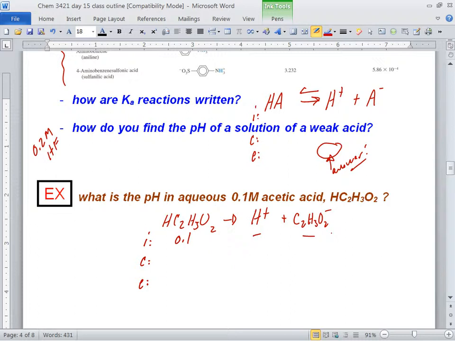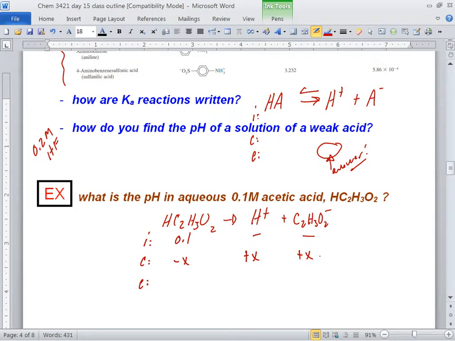And then the change row, Kimberly? How about that change row, the C? I would assume that things should be decreasing here, and they should be forming over here. Minus X. And for H plus and acetate, it would be plus X and plus X, or just X and X, whatever you like to write there.